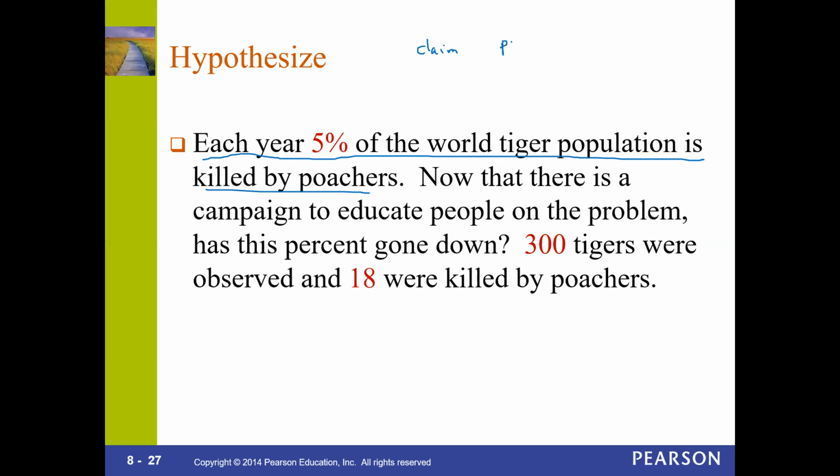So what we're gonna be doing, this is your claim. The claim is P is equal to 5%, each year. So if I want to do my hypothesis, you're gonna put H naught and H1, I mean HA. In your book it is HA. But this one has the equal sign, so I'm gonna say P is equal to 0.05.